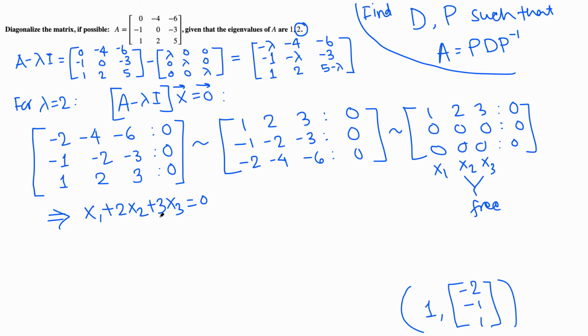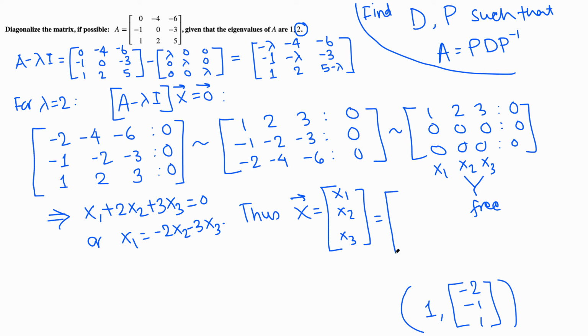Subtract 2x2 and 3x3. We get x1 equals negative 2x2 minus 3x3. Thus we got the corresponding eigenvector, which is x1, x2, x3.